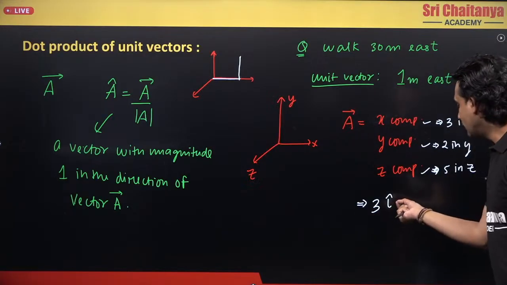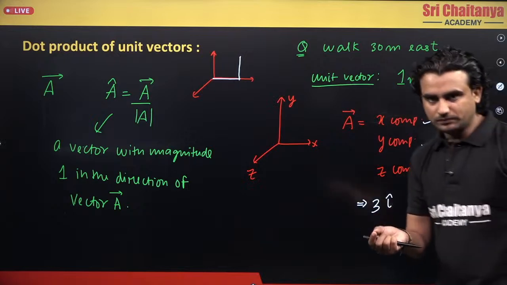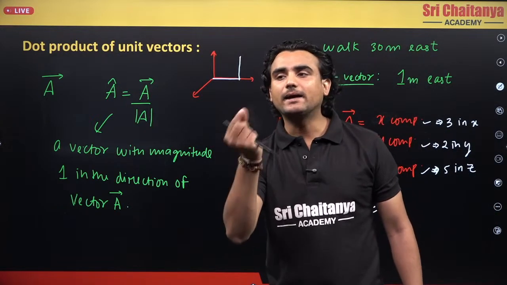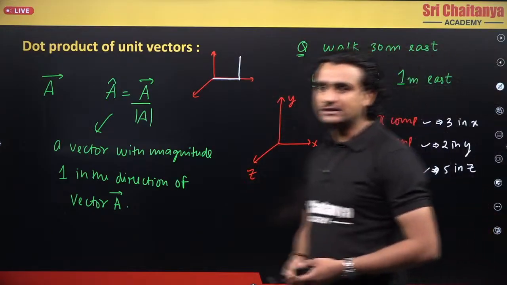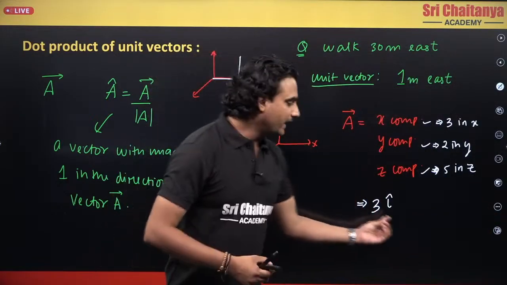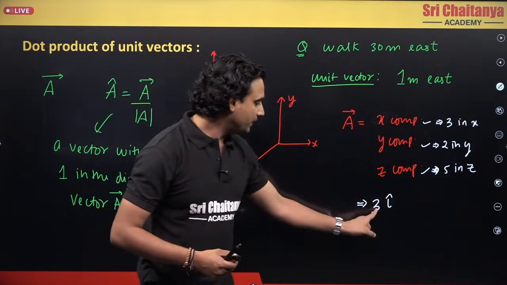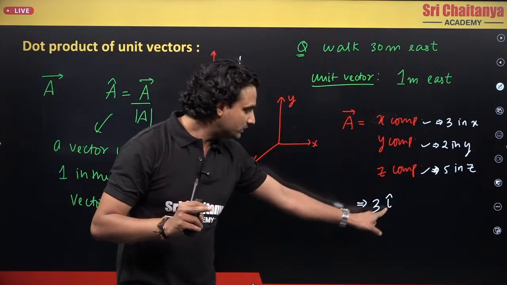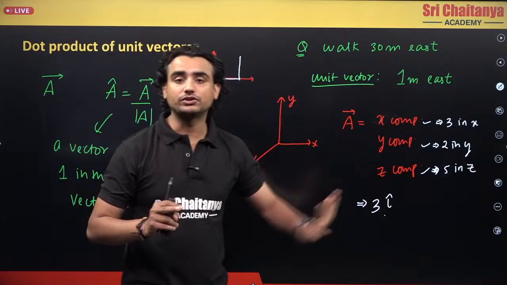I is trying to tell you that the direction or the unit vector in x direction is I cap. Let's understand 3 I cap together. What is 3? 3 is telling me to walk how many units? 3 units. In which direction? X direction. I cap means x direction.